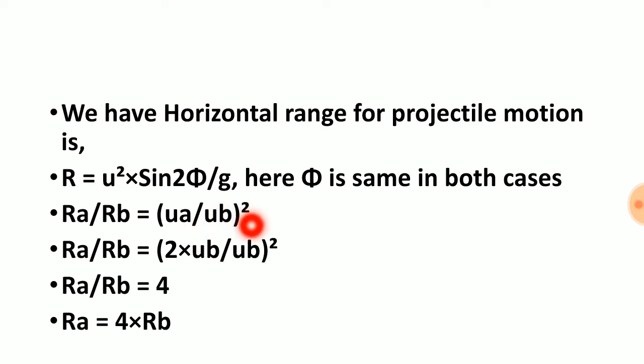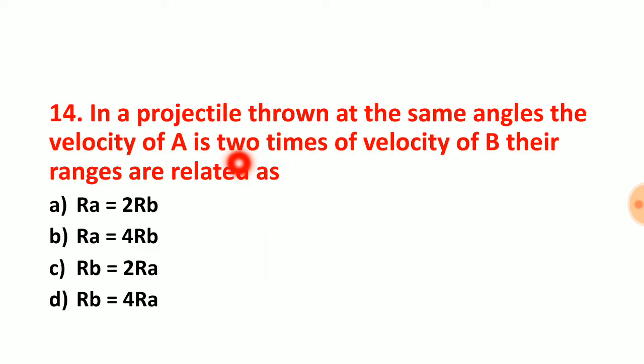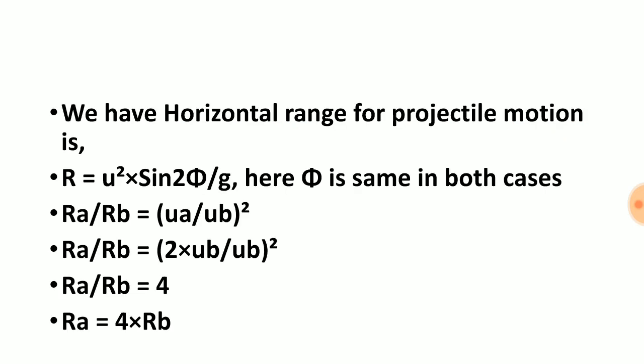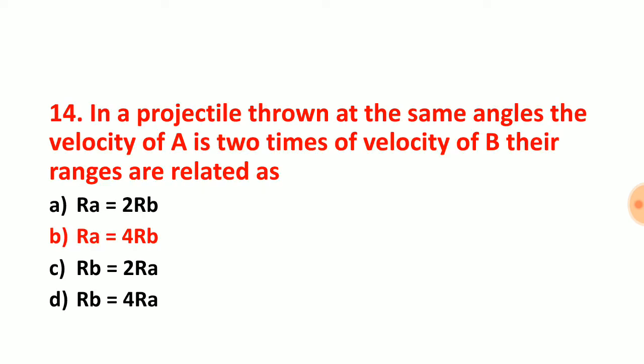So the velocity ratio, the velocity for case A and the velocity for case B, and in this case it is said that the velocity is twice. So our answer will be 4 times, because it is saying that the velocity of A is 2 times the velocity of B. So A will be 4 times of B, RA will be 4 times RB, that is option choice B, because all other things are same.